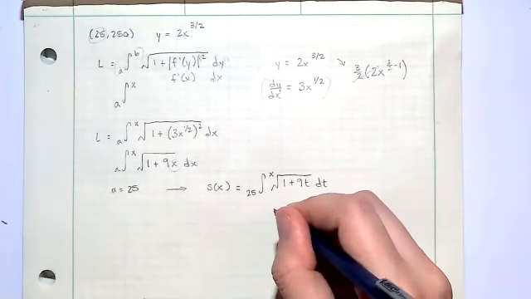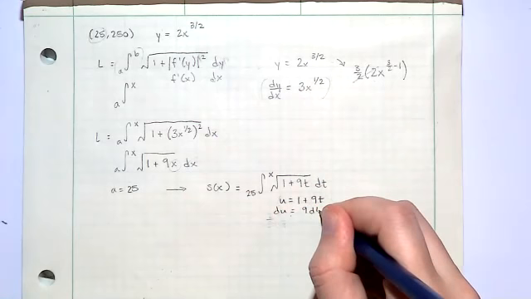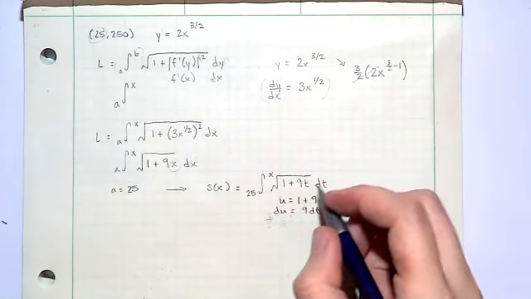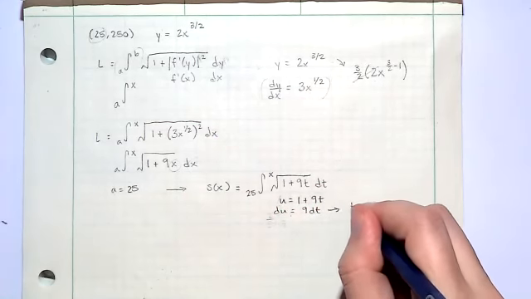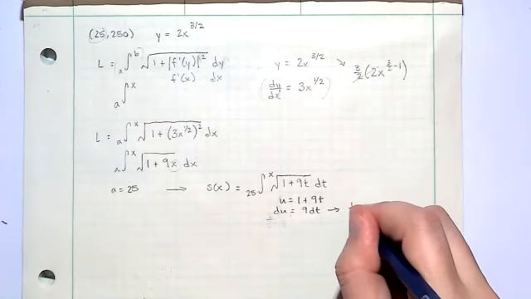Cool. Yeah, so let's go for a u sub then. So u is going to be equal to our 1 plus 9t. Our du is just going to be equal to 9 dt. And so then we will have 1/9 du is equal to dt.